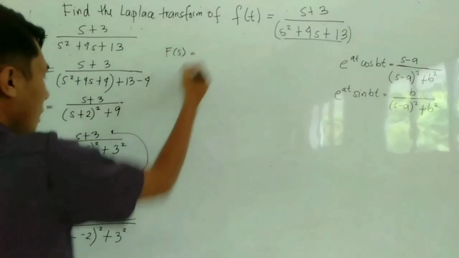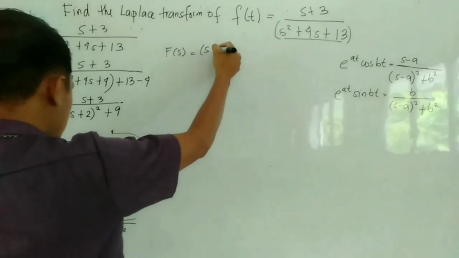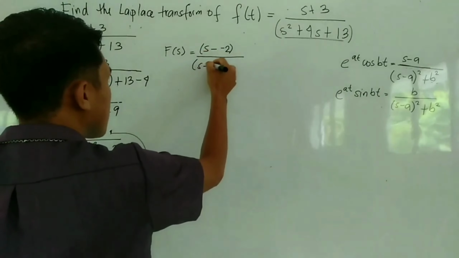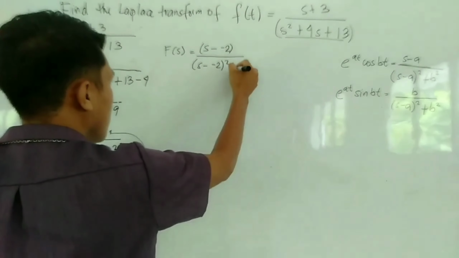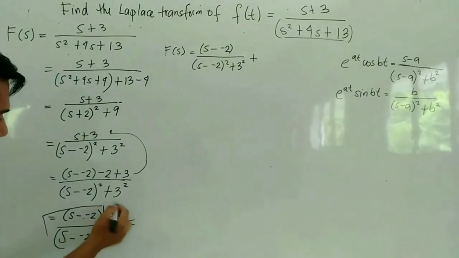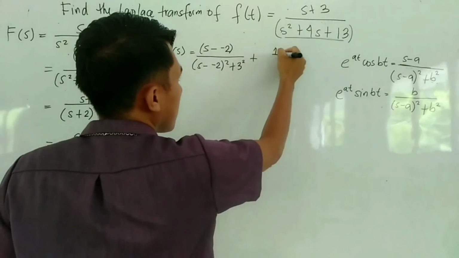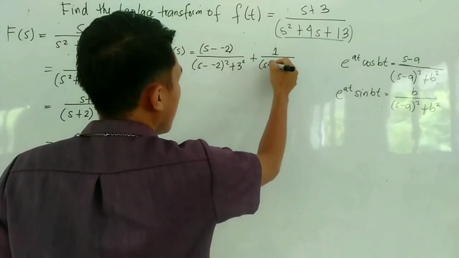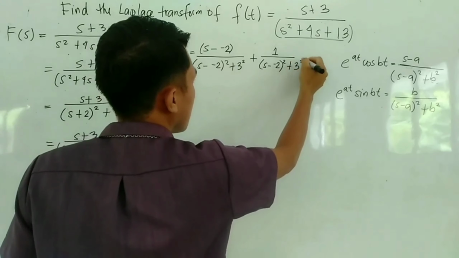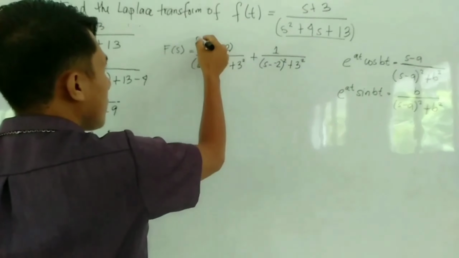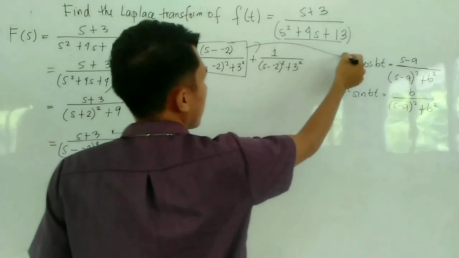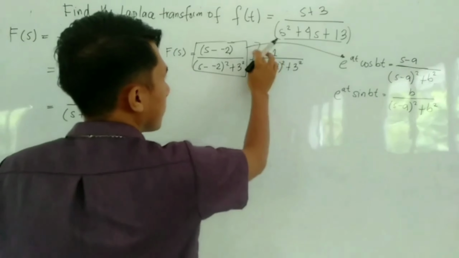We have s minus negative 2 over s minus negative 2 squared plus 3 squared, plus the remaining 1 over the same denominator, s minus negative 2 squared plus 3 squared. This equation is already formed in this equation.